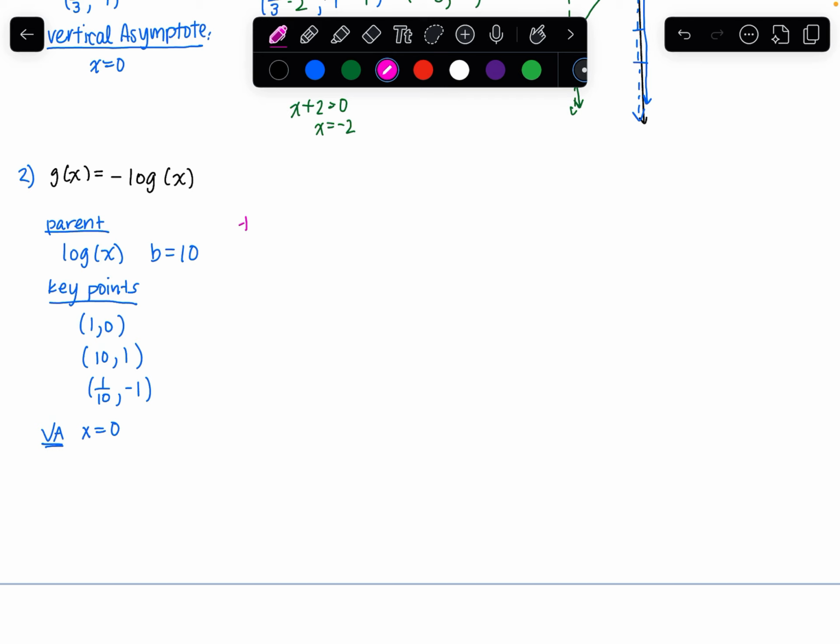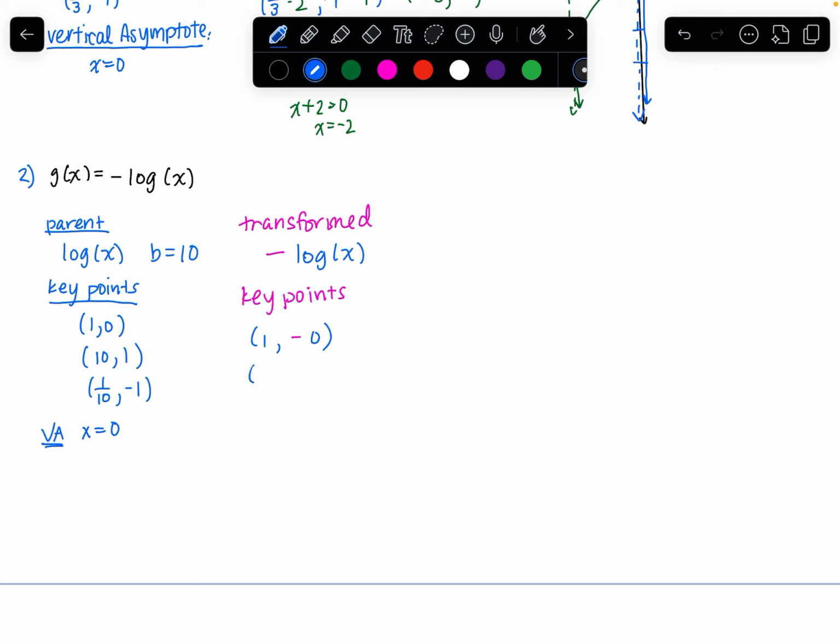For my transformed graph, right, putting a little negative in front of that log is going to take each one of these key points, let's list those out, and it's going to change their y value. So the point 1, 0, I get to tack a little negative in front of the y. Some points it won't do a lot to, right?